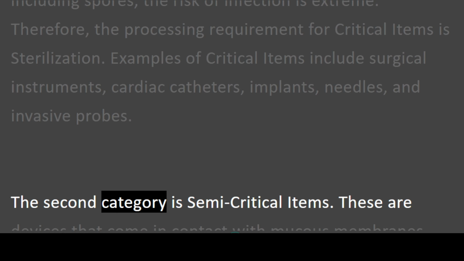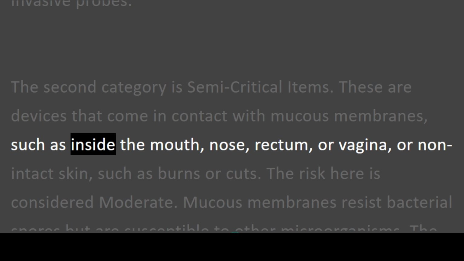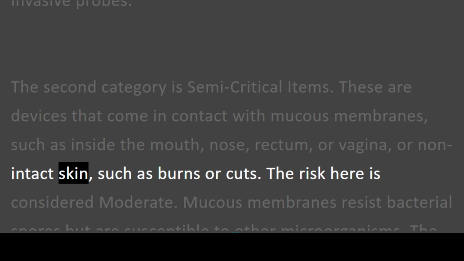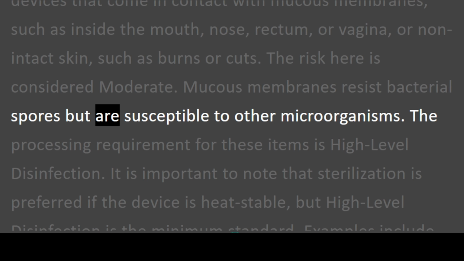The second category is semi-critical items. These are devices that come in contact with mucous membranes, such as inside the mouth, nose, rectum, or vagina, or non-intact skin, such as burns or cuts. The risk here is considered moderate. Mucous membranes resist bacterial spores but are susceptible to other microorganisms.